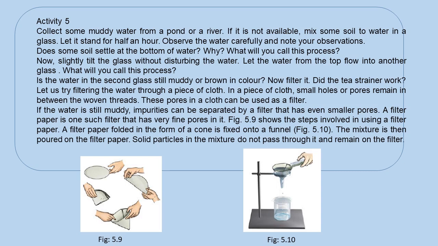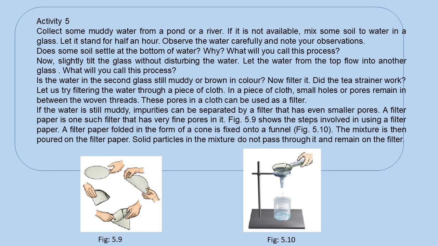First take a round filter paper, then the filter paper is folded in half, then folded in the form of a cone that is fixed onto a funnel, which I showed you in class 5. Now in figure 5.10 you can see the filter paper folded in the form of a cone fixed onto the funnel.